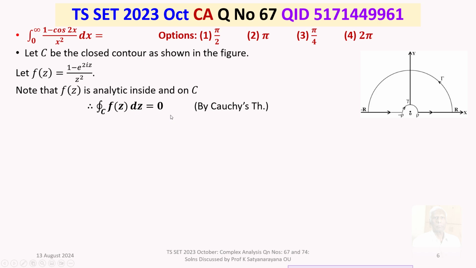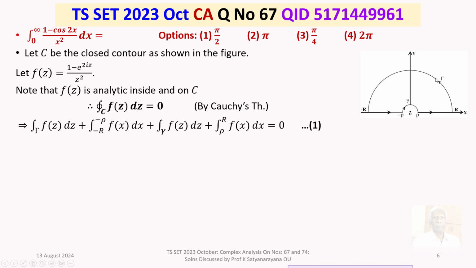And this integral can be broken into four parts: the integral taken along the semicircle capital gamma, the integral from minus R to minus rho of f of x dx along the x-axis, plus the integral taken along the smaller semicircle gamma in the clockwise direction of f of z dz, plus the integral from rho to R of f of x dx along the x-axis. Agreed.